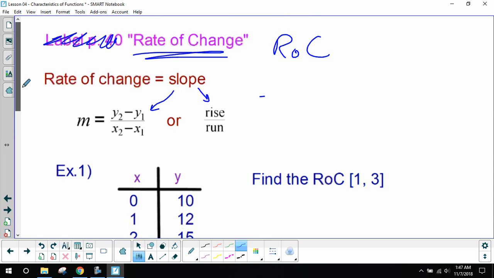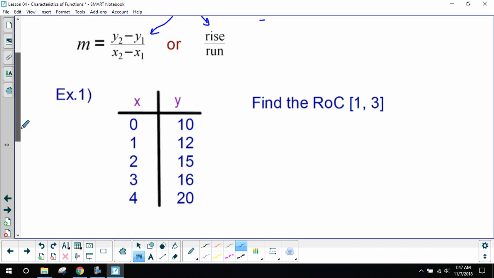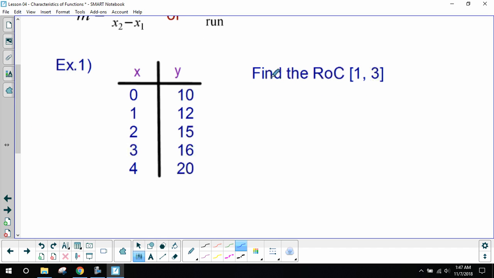If I were you, I would go 1, 12 and 3, 16. Because I'm telling you, these are x values, and you need to find their complementary y values. Now that you have that, you can plug it into this formula and then get your answers.